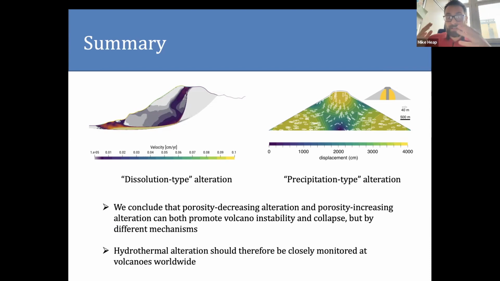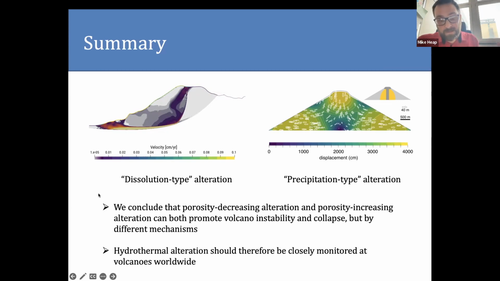And we explored how those two end members can influence the stability of a volcano. In both instances, we saw that it's bad news for a volcano. Alteration is not good news, and these different types of alteration promote instability through different mechanisms, one by weakening the material and one by creating a high pore pressure zone.